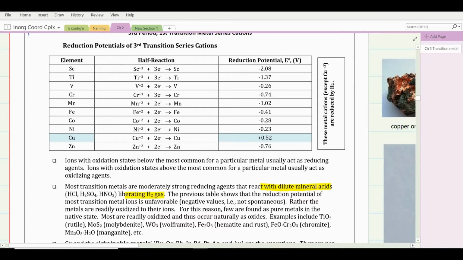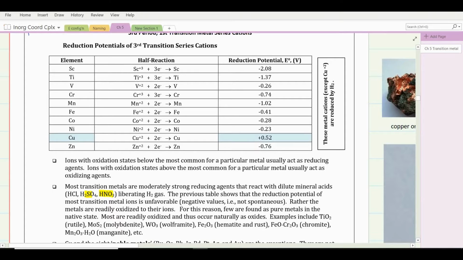So what's a mineral acid? Well, a mineral acid is an inorganic acid, as opposed to an organic acid like, say, acetic acid or citric acid or ascorbic acid, carbon-based acids. The inorganic acids are things like hydrochloric, hydrobromic, iodic, sulfuric, nitric, and so on.